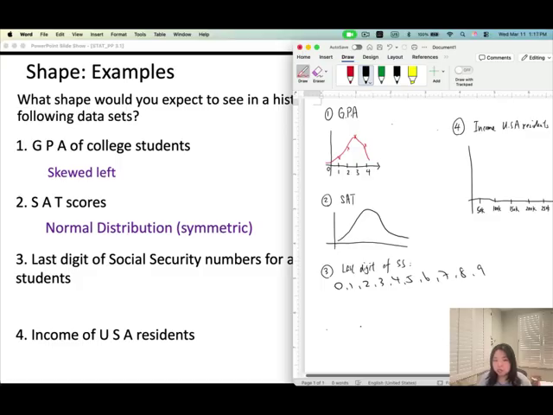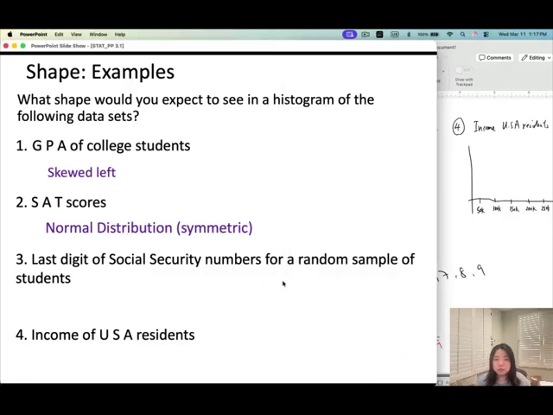So the graph will look like a uniform distribution. All the numbers 0, 1, 2, 3 until 9 have the same chance to be the last digit of the social security number. So number 3 will be the uniform distribution.